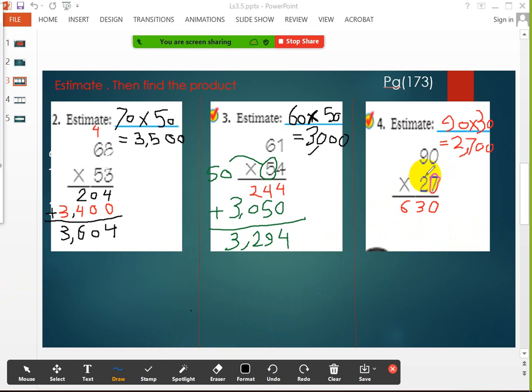Now, I repeat for the last time, girls. For the last time, how to multiply the tens digit here with 90. The value of this number, 2 in the tens digit, it will be 20. Okay?